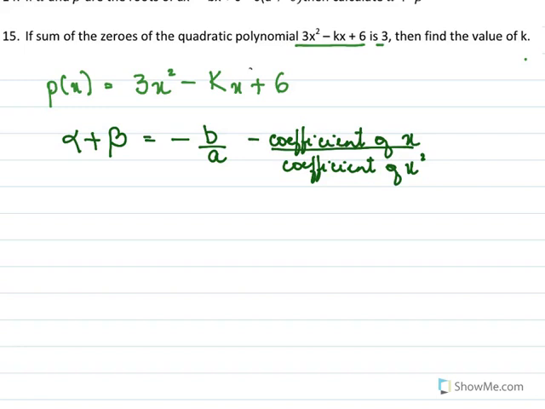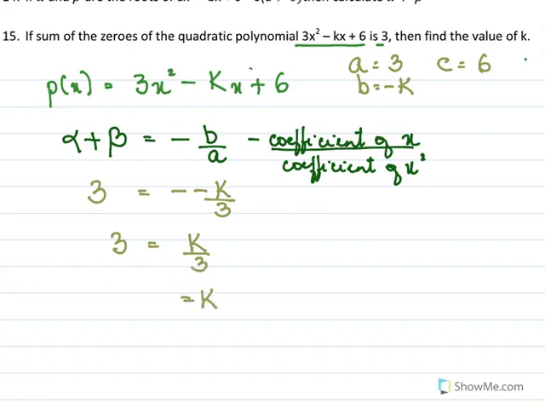The sum of zeros is given as 3 here. So we write 3 equal to minus b by a. And if you see here, our a is 3, b is minus k, and c is 6. So minus b by a will be minus of minus k by 3. So here we have 3 equal to k by 3. So k equal to 3 into 3, that is 9. Here, just to repeat again, this is our a, this was our b, and this is our c.